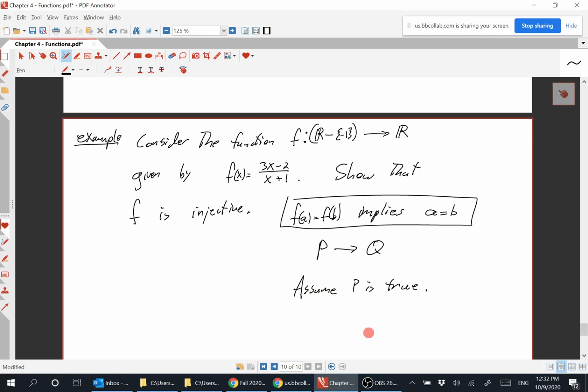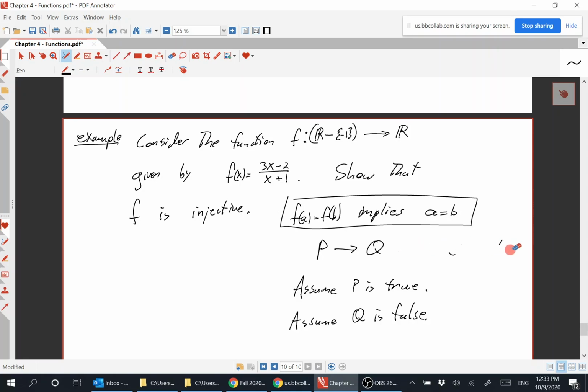So that's the first sentence. Or assume Q not, or Q is false. That's if you're doing the contrapositive, because this is logically equivalent to Q not implies P not. So assume Q is false, in other words, Q not is true.